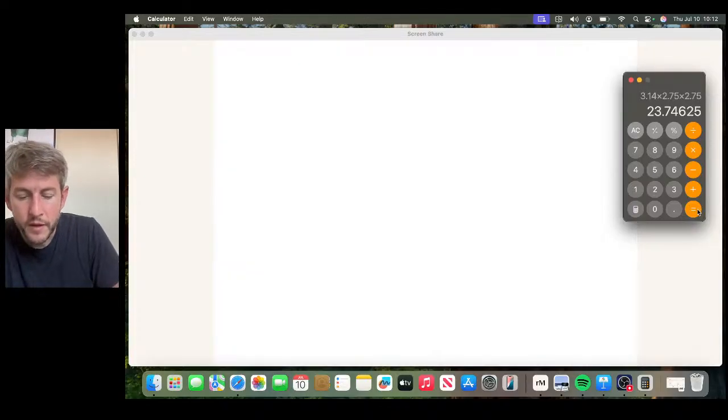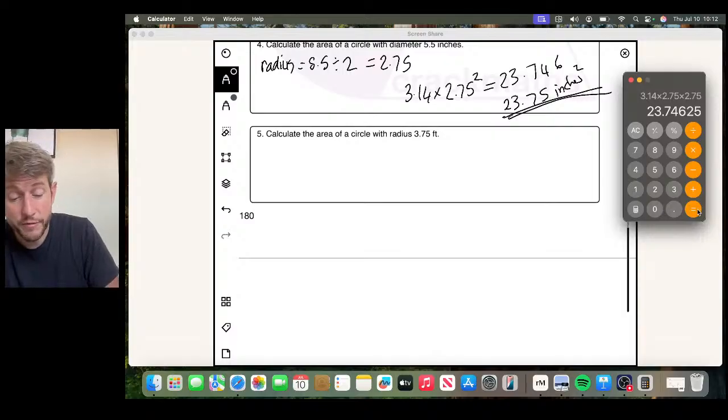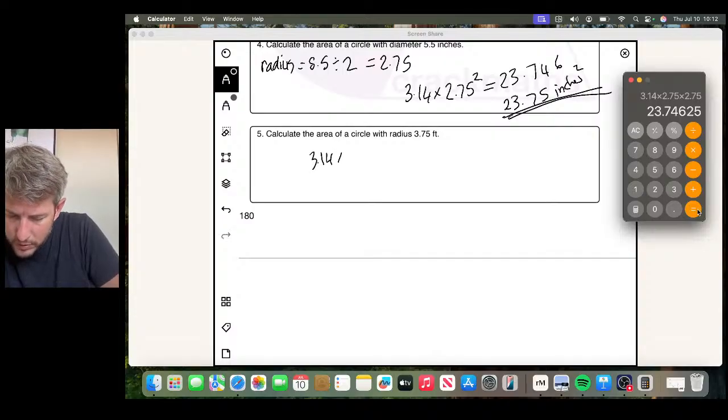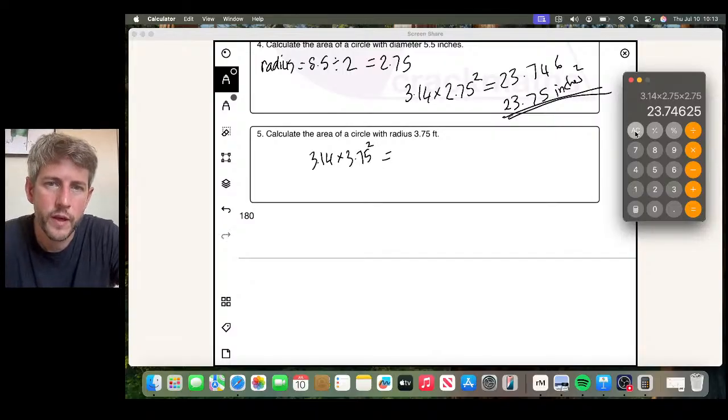Okay. Calculate the area of a circle with a radius of 3.75 feet. So here we go. We can do 3.14 times 3.75 squared. Just do that on the calculator.